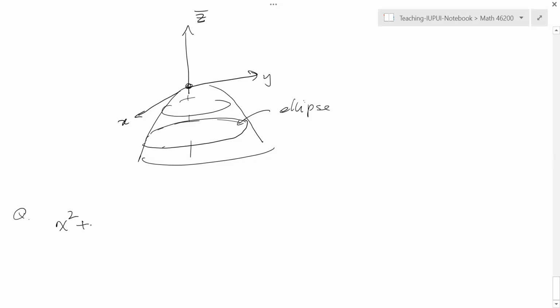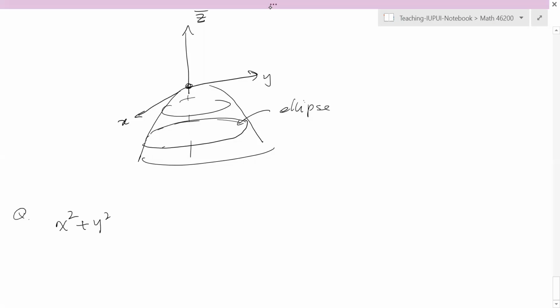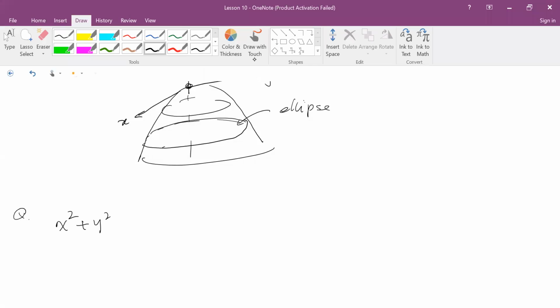And x squared plus y squared. Okay. I'm trying to see why my pen is... let me draw with a thickness.